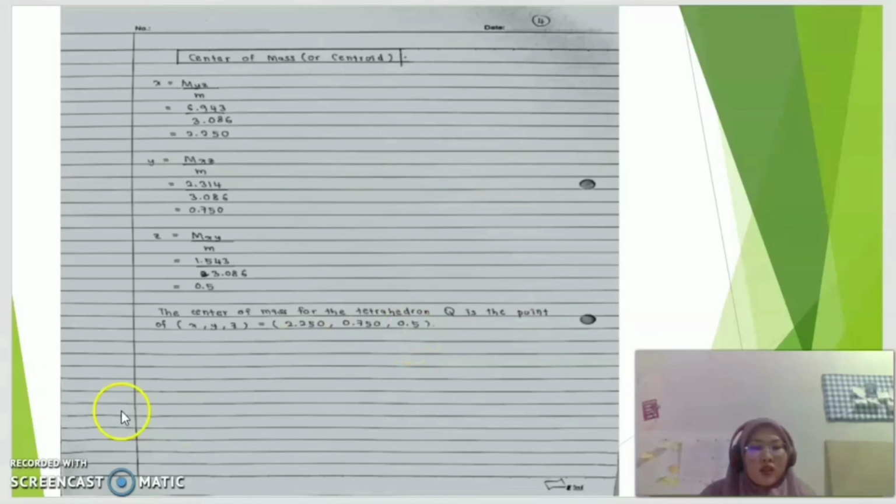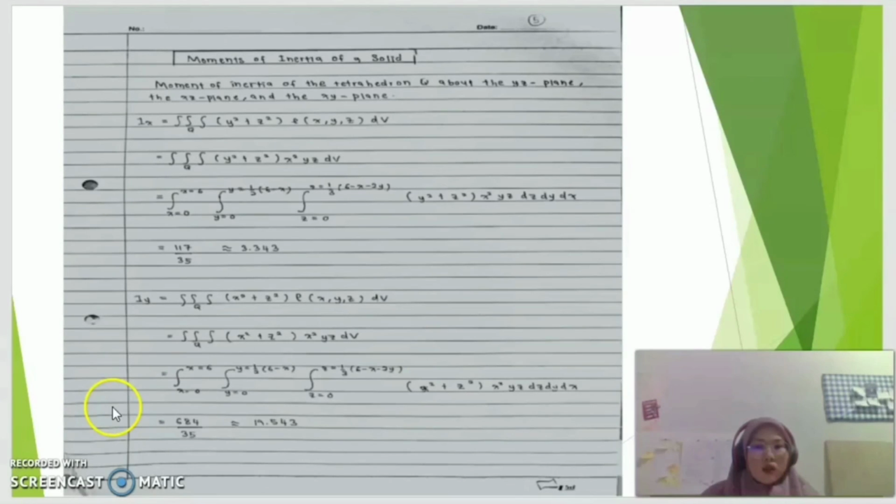Last but not least, we find the moments of inertia of the solid, which are the moments of inertia of the tetrahedron about the yz plane, the xz plane, and the xy plane.